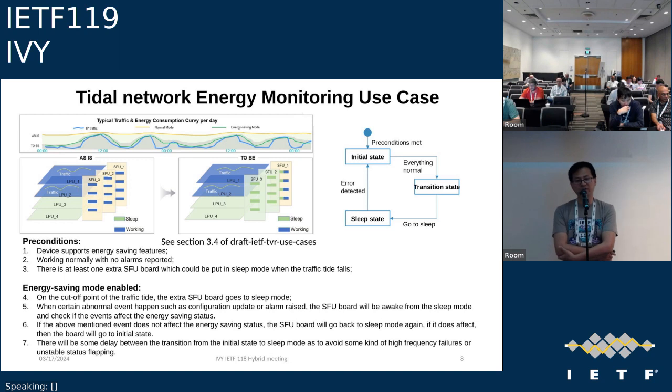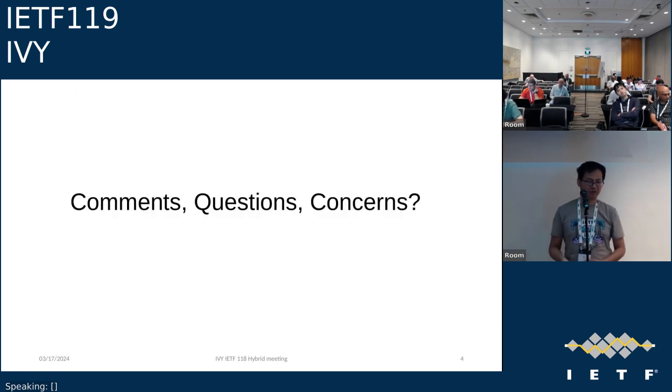But we imagine there are more use cases, typically maybe in a campus network, a RAN network, and maybe other networks, if they follow this kind of traffic pattern. So that's all for the concept, and I'm still here. Comments, input, questions?